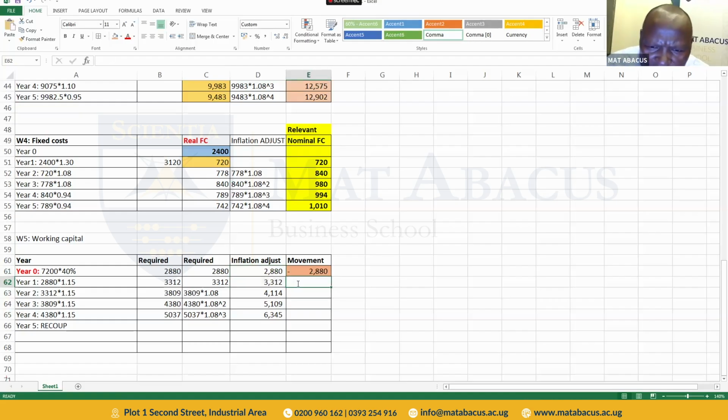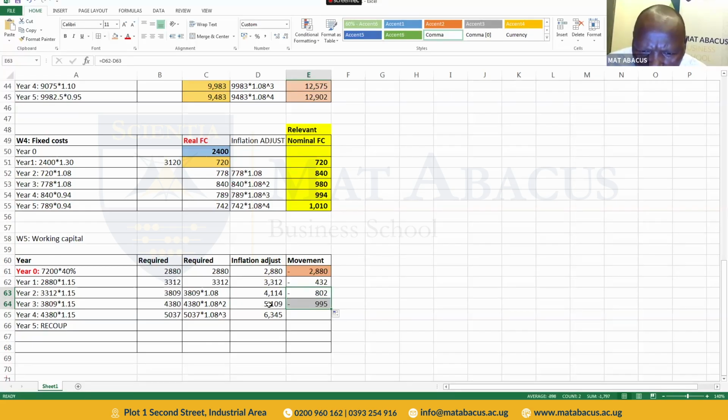That means you are injecting. I'm going to get that figure minus the figure below it, and I will be able to get an injection. And these two are also increasing, meaning there's another injection. And these two further increase, meaning that there is another injection.